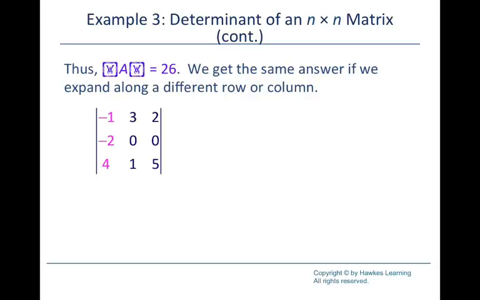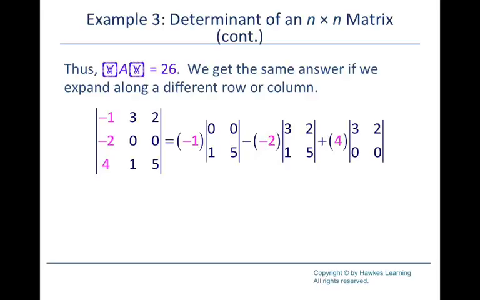Doesn't matter. They're going to use this column. Again, it's going to be positive, negative, positive for the sign changes. So just to see, there's the minor 0015. Then for the second minor, it would be 3215.